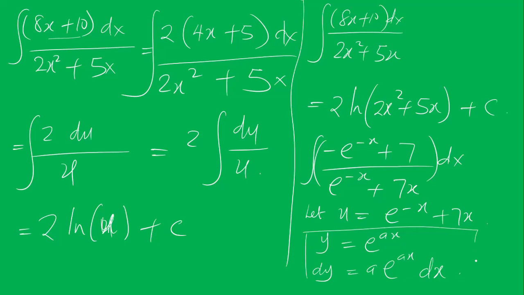So we're going to use this expression in this case. Now let's go back. So u is equal to e to power minus x plus 7x. If we differentiate this, we have minus e to power minus x plus 7 dx.